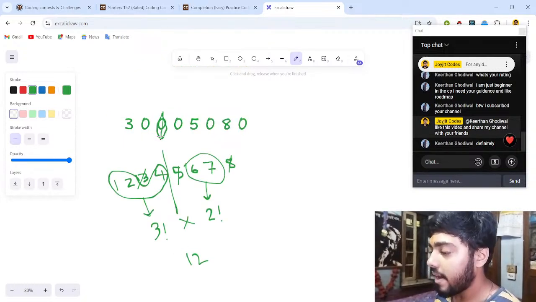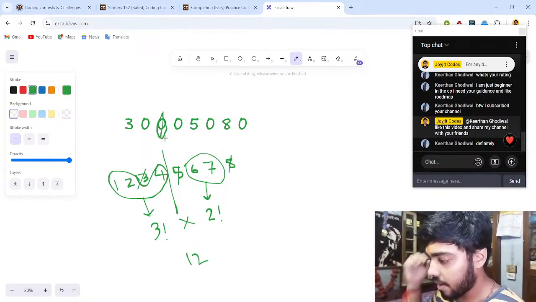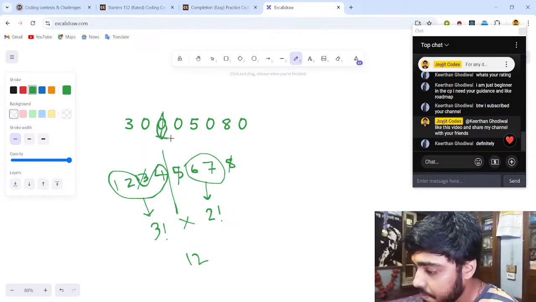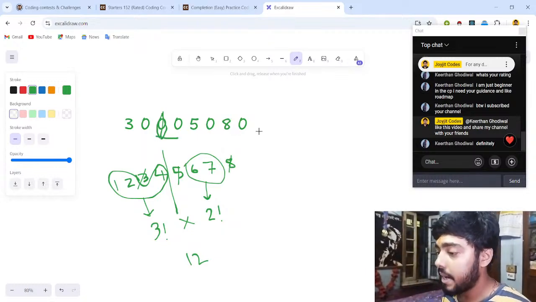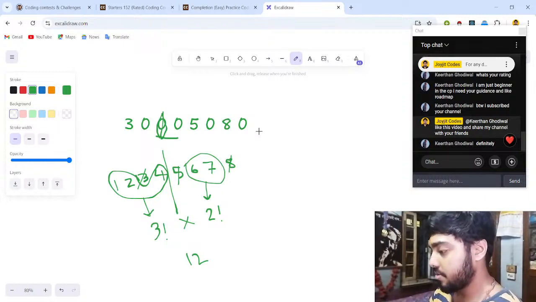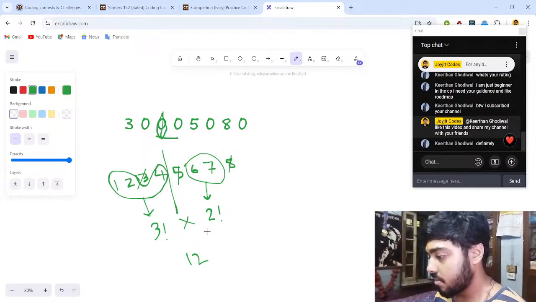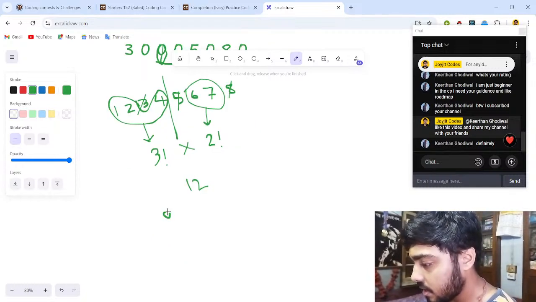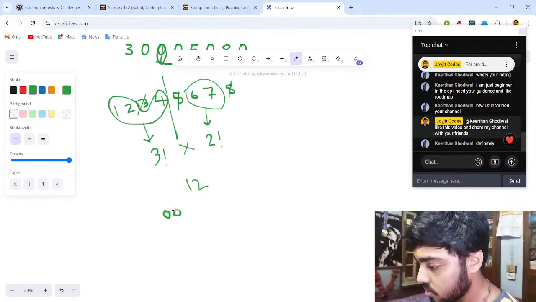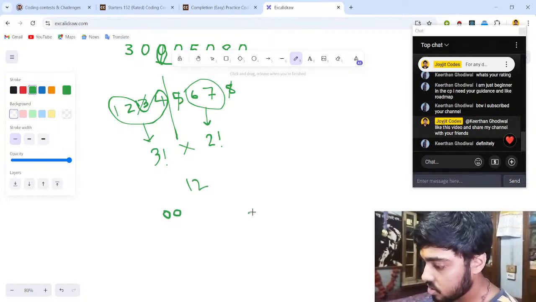Now, for every specific element, whatever the number is, we can just make it 2 to the power k. Why is it so? You may ask me why. Because let's say these two are zeros. So what is 2 to the power k?